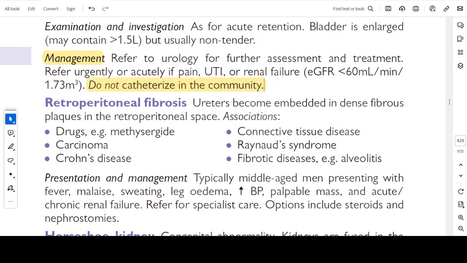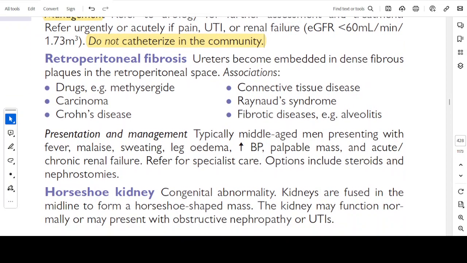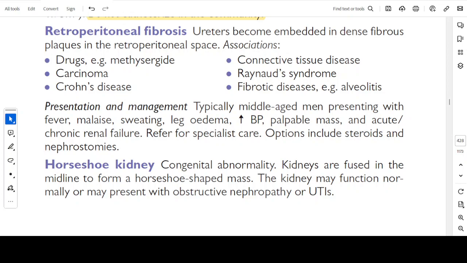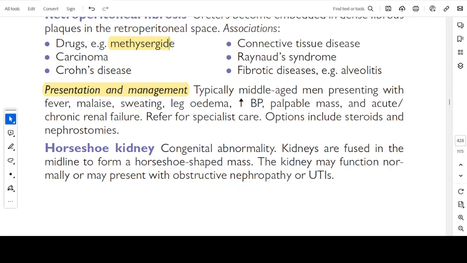Retroperitoneal fibrosis. Ureters have become embedded in dense fibrous plaques in the retroperitoneal space. Associations are drugs like methotrexate, carcinoma, Conn's disease, connective tissue disease, Raynaud's syndrome, and fibrotic diseases, for example alveolitis. Presentation and management.